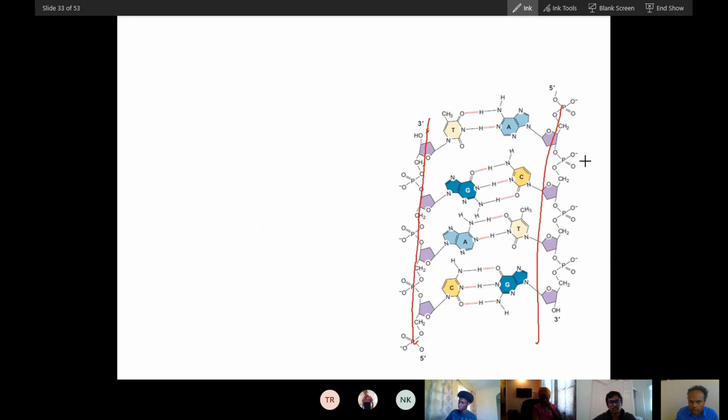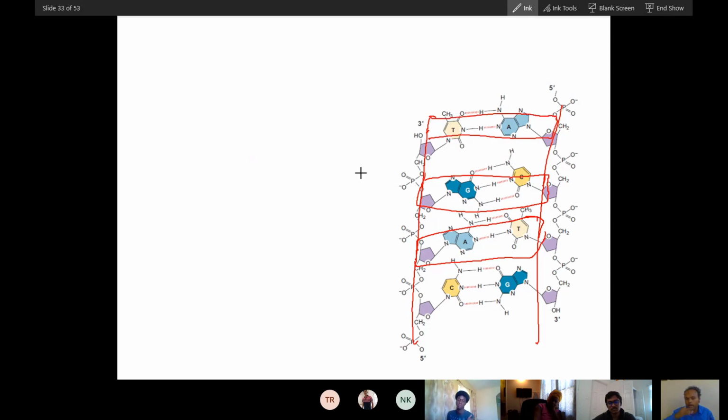In that stair, this is the backbone, and these are the steps in the stair. These steps are very horizontal.